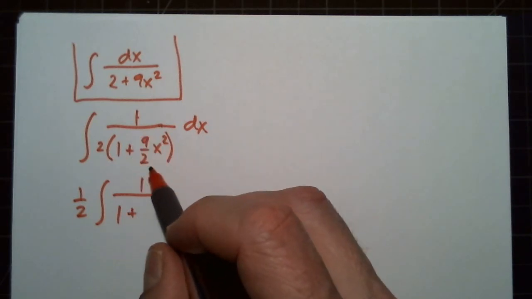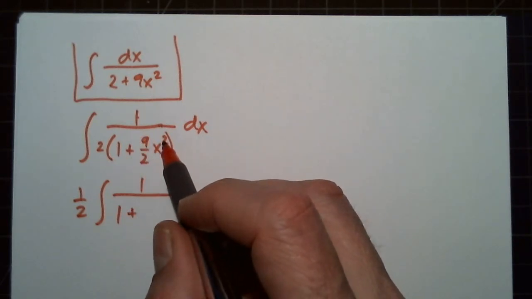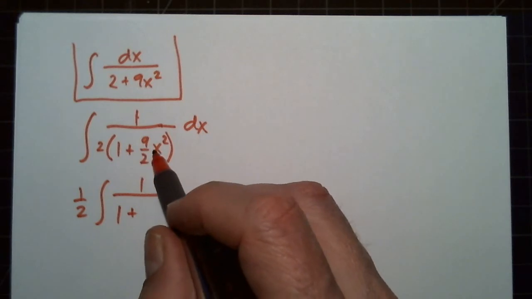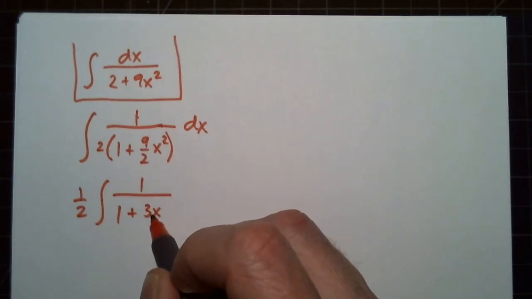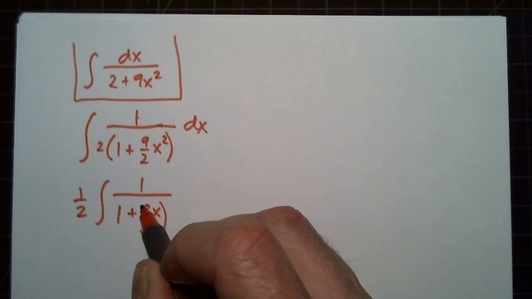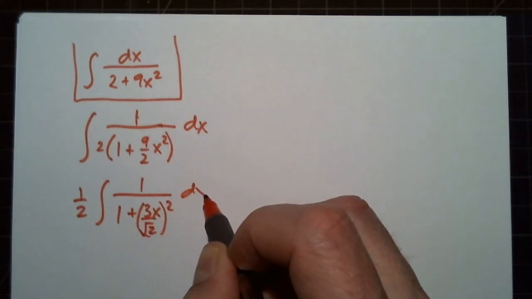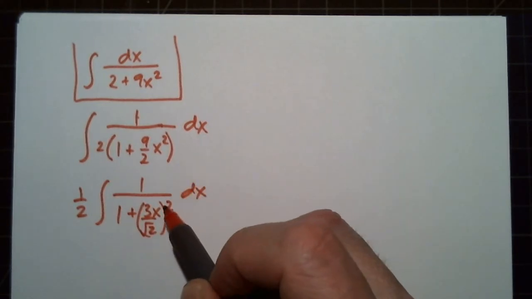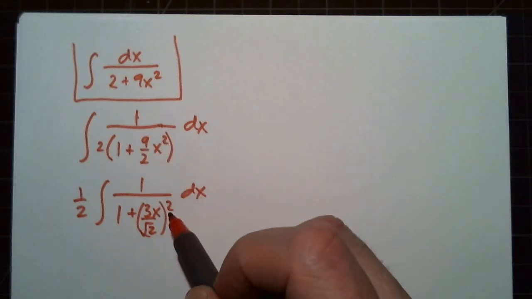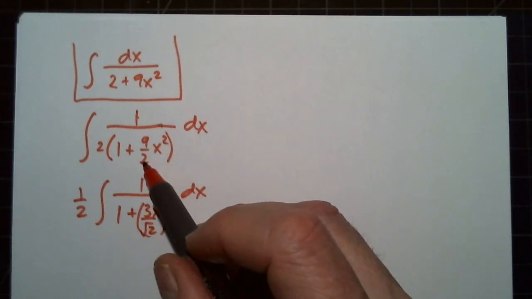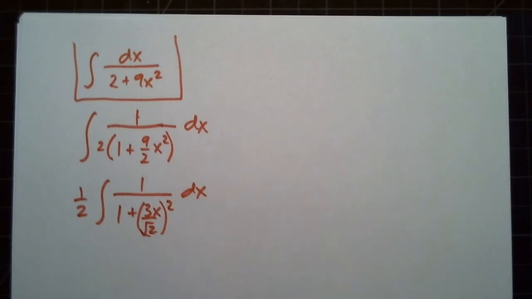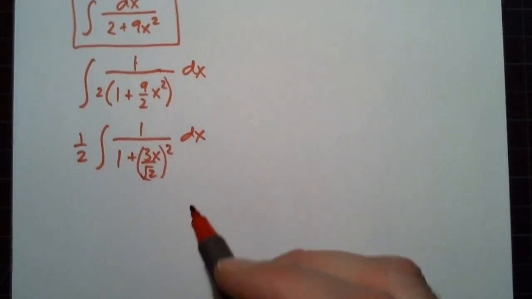And then this has to be one thing squared. So it has to be 3x over radical 2, squared. If you square 3x, it's 9x squared. If you square radical 2, it's a 2. So we know that is the correct form.